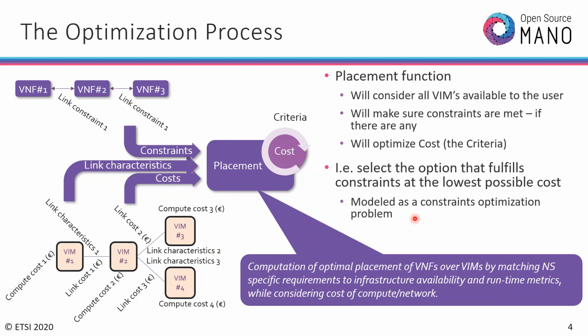Inside the placement functionality, all these things are modeled then as a constraints optimization problem. So the constraints, link characteristics, the cost model, and all these things are expressed in a model that is targeted for constraints optimization. So it first then checks that we can satisfy all these constraints, and then it computes the optimal solution to, well, you can view it as a bit of an equation system.